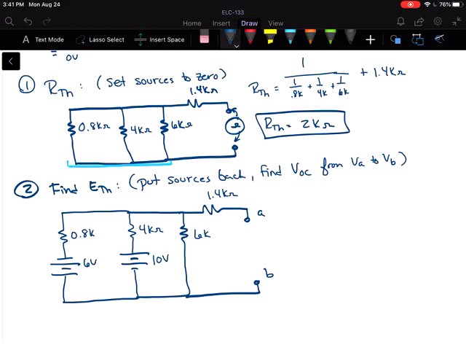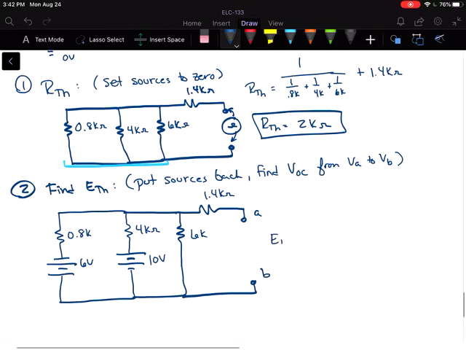Basically, if we're measuring from A to B, that would be E Thevenin. There are many different ways we can do this. We could do a mesh analysis. We could do superposition to find that voltage there. We could do some source conversions. Literally, there are several different options here.